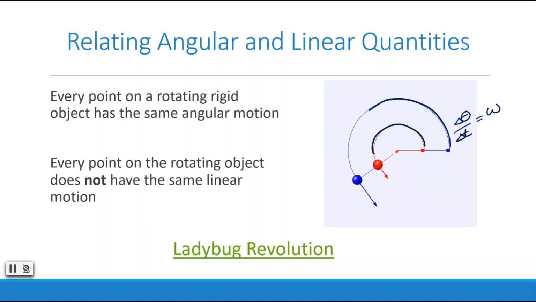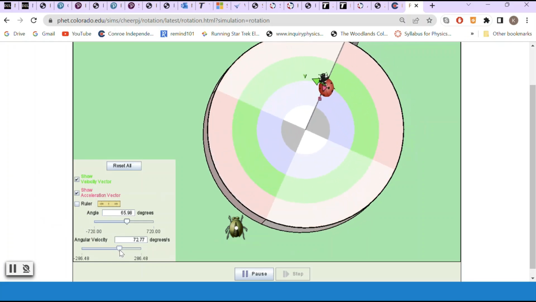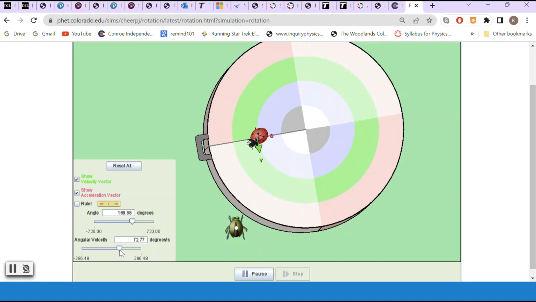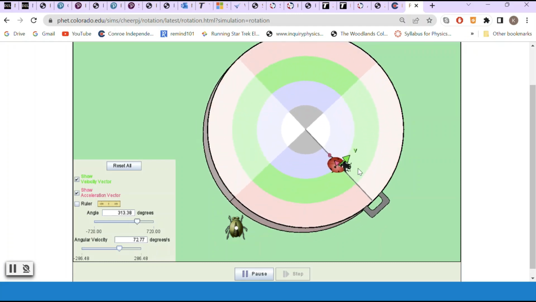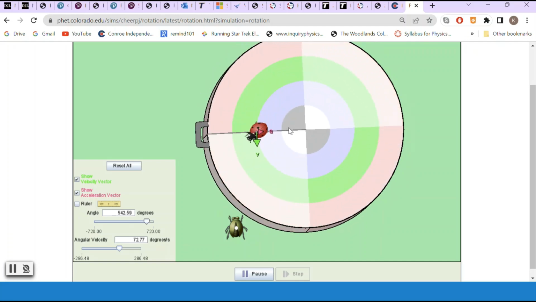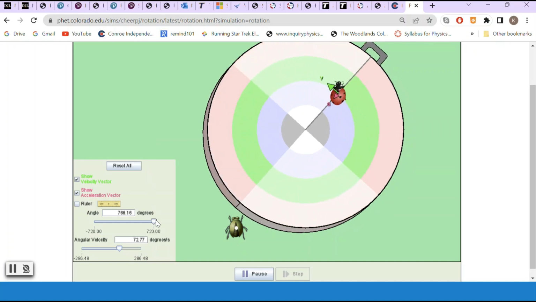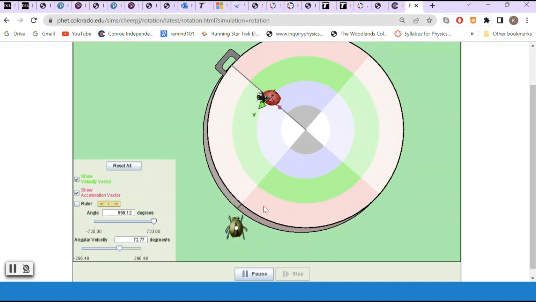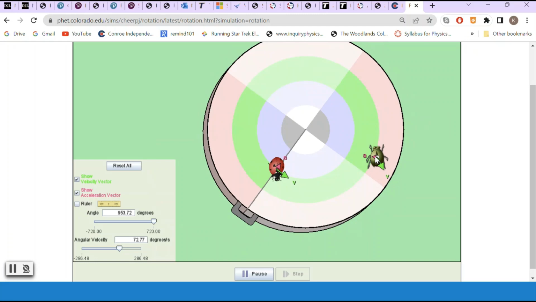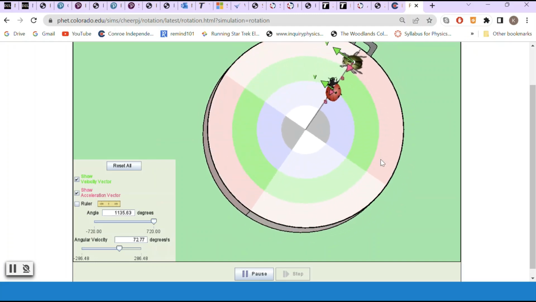So we can pull up a simulation for this. So here's a fun little simulation. We can give the little bug here a little angular velocity. And so you can see that we have some linear quantities shown here. We have the linear velocity, which is tangent to the radius, which we're used to. And then if I put another ladybug on, put them at a little further radius right here.